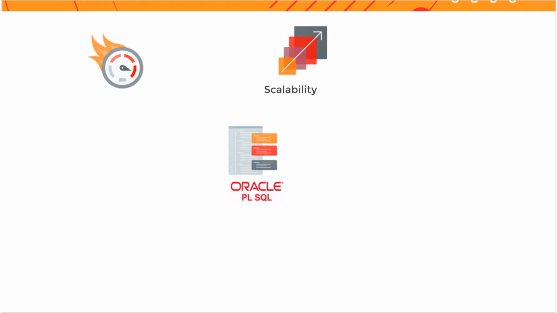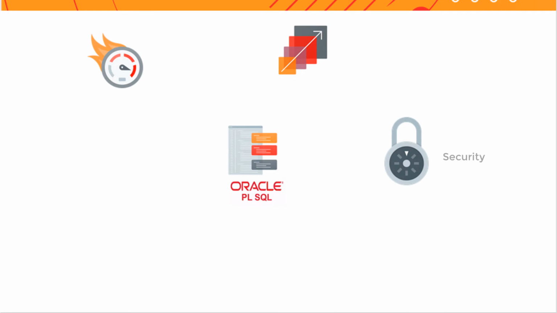Stored procedures and functions can increase scalability by consolidating application processing on the database server. Security. You can set privileges on stored procedures. By doing so, you can restrict access to Oracle data. For example, you can allow access to a procedure that updates a database table but deny access to the table itself.